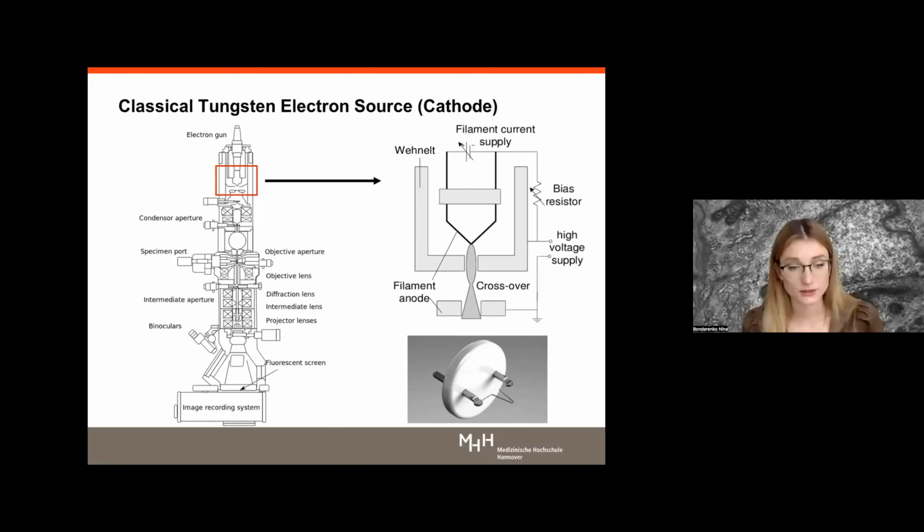After this, due to condenser lenses and the condenser aperture, these electrons are concentrated on the surface of the object that we want to analyze. After the beam passes through the specimen, the system of projector lenses is responsible for the final magnification of our image. So on this photo, you can find a conventional tungsten cathode.